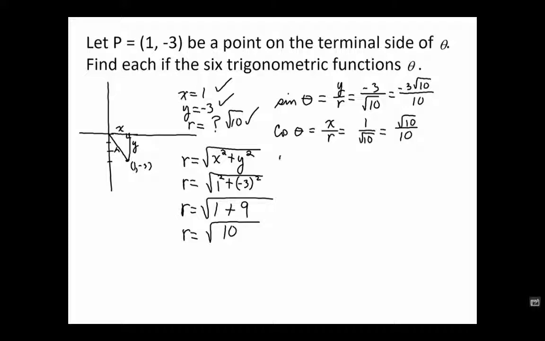And now the tangent of theta is defined to be y divided by x. The y coordinate is -3 and the x coordinate is 1. So the tangent is -3.